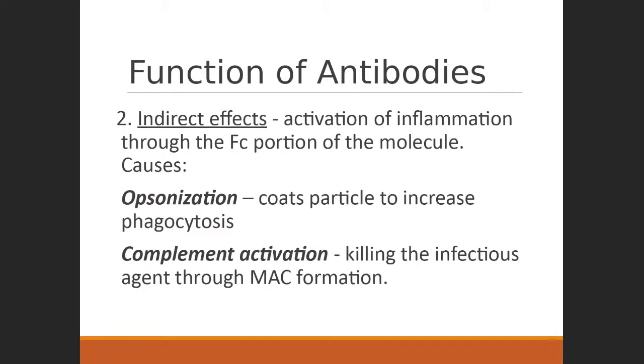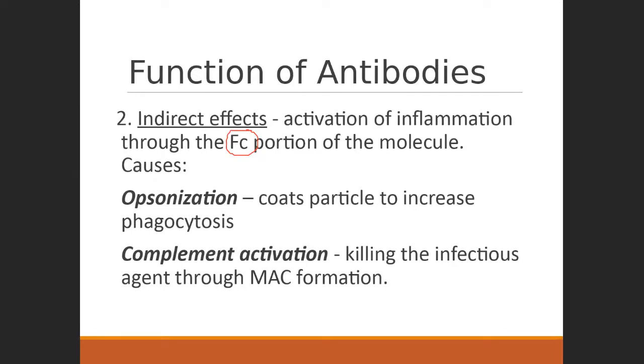Other times we get more of an indirect effect, where we bind and we're only part of that recognition process. But the Fc portion will now bind to one of our innate cells, while the Fab portion had bound onto the antigen.